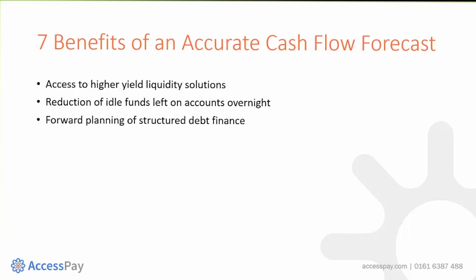On the flip side, we all know that forward planning of structured debt financing makes it far cheaper if you can plan ahead and agree official or committed facilities from your various providers.